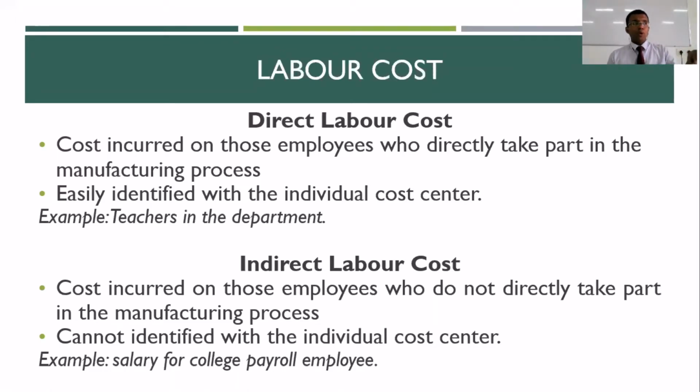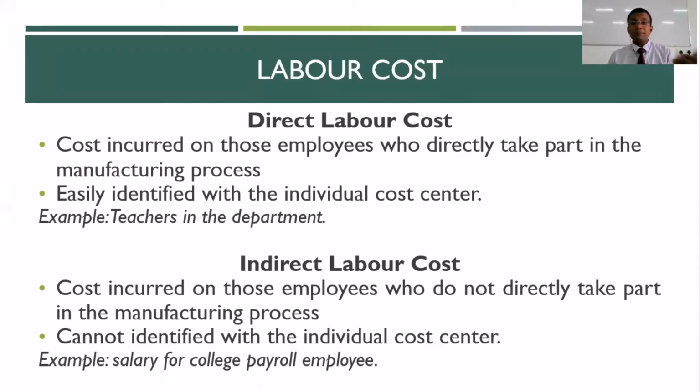You are able to pinpoint and say, okay, this person was involved in this activity, as a result of which he is entitled to such and such amount of compensation. Now, there are certain parts of your labor that you're able to identify and pinpoint exactly.